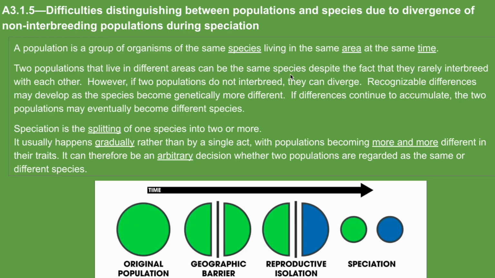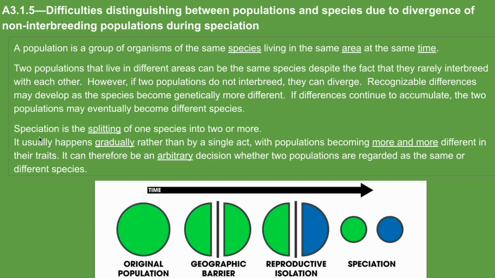But what we see is that when there's some kind of geographic isolation, we see species starting to diverge. Recognizable differences may develop as the species become genetically more different, and if those differences continue to accumulate, the two populations may eventually become different species as they each adapt to those slightly different environments.